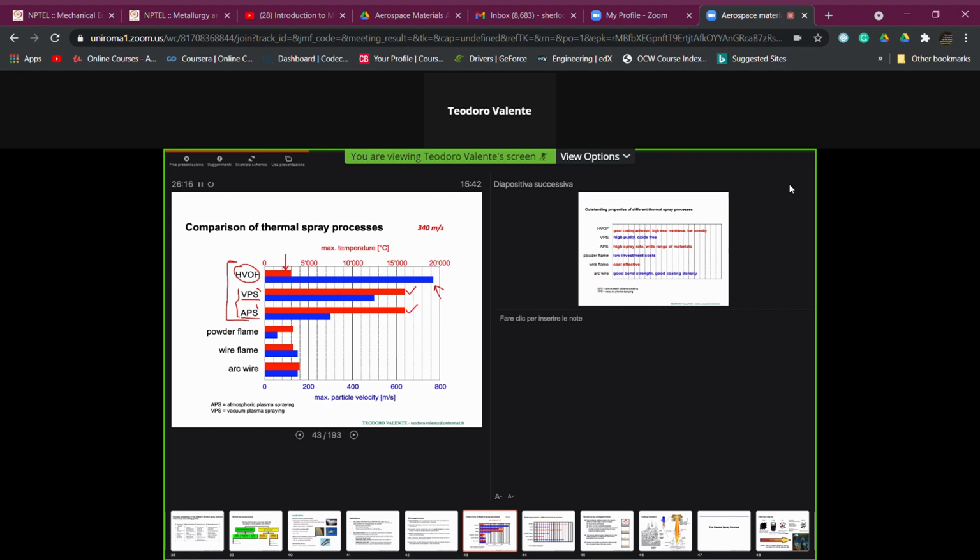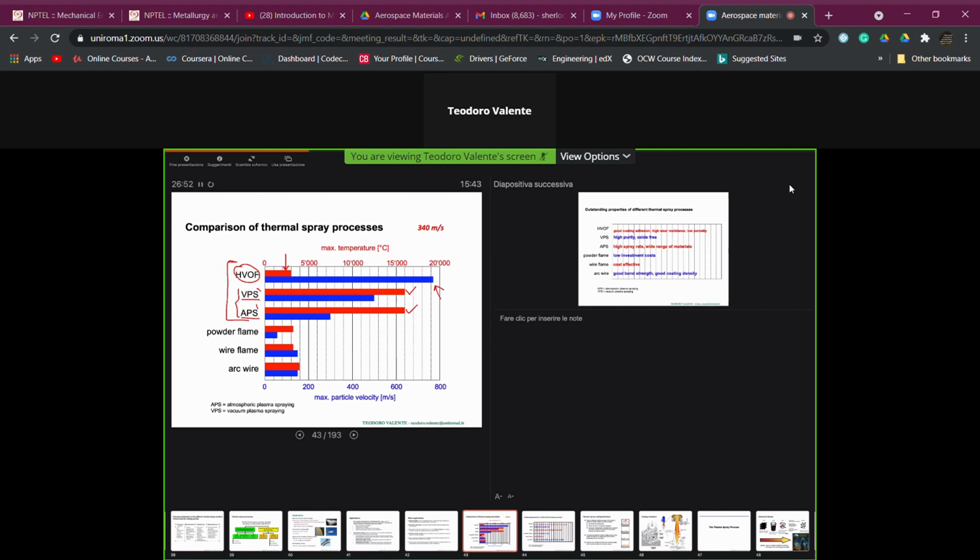So VPS, with respect to APS, not with respect to HVOF, has the advantage of higher particle velocities, that is, lower residual porosity in the fabricated coatings, higher than HVOF but lower than APS.